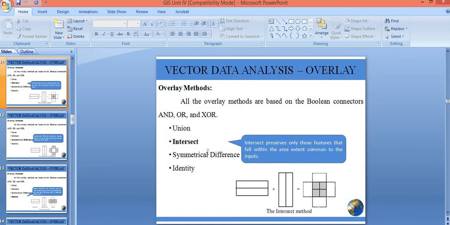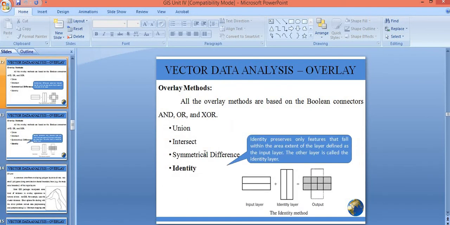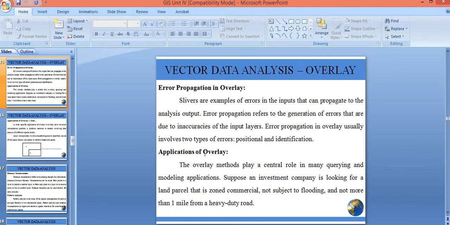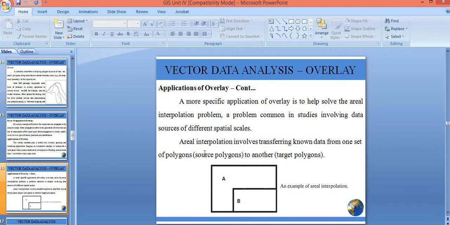Don't get confused between overlay method and the types. Fine. So slivers we already discussed. So aerial interpolation is a very good application of overlay operation.